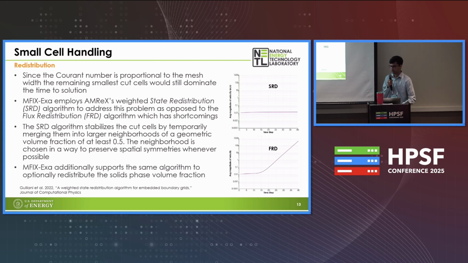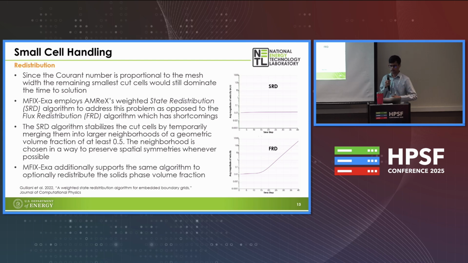We found this algorithm to be a lot more robust and more stable than the flux redistribution algorithm for many of our complex geometry cases. The state redistribution algorithm stabilizes the cells by merging them within a neighborhood and has a default target volume fraction of 0.5.